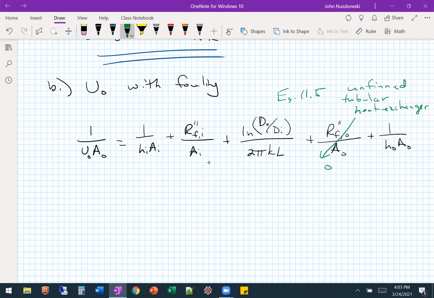We just have our additional term here, okay? And they gave us this resistance. So we have everything else. It's just plugging and chugging everything else that we already solved for part A. So with fouling, we get 1,800 watts per meter squared Kelvin.